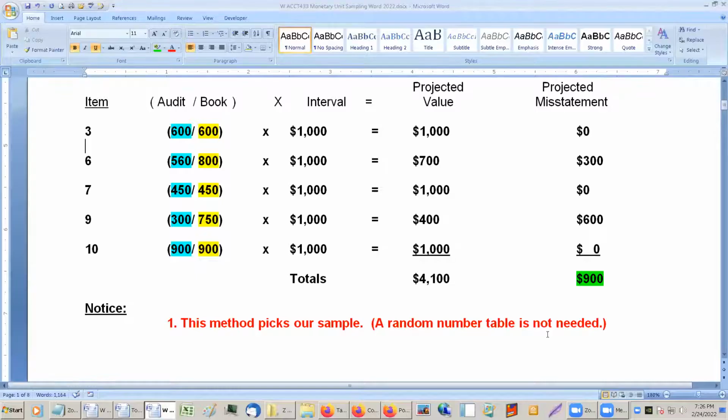There's also something about the way that we pick these that makes this very good for auditing.